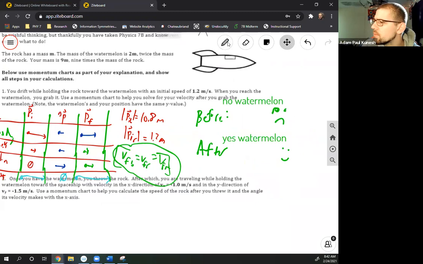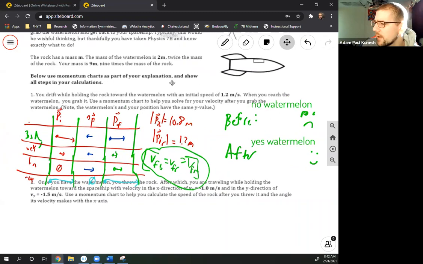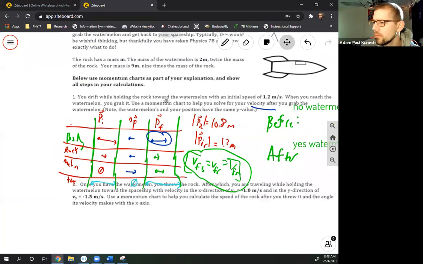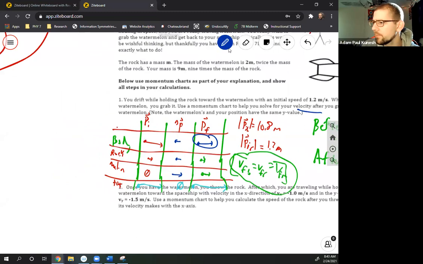So now we can just write down the equation if we like. The goal is to solve for the velocity after we grab the watermelon. So we're interested in the velocity of the body after the watermelon, which is the same as the velocity of everybody else, because they're all stuck together. Okay, so what do I have?